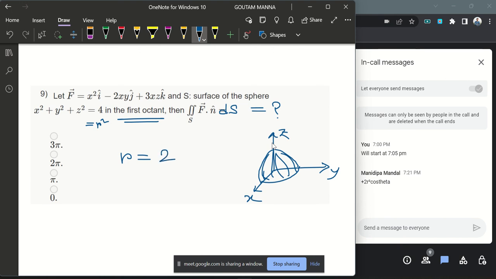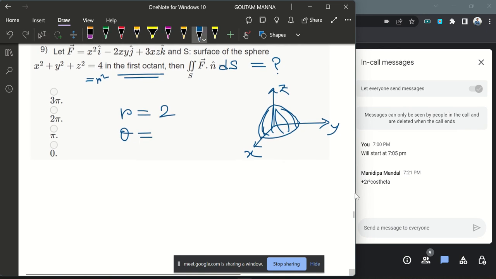So r is 2, and this is the xyz, this is a radius vector r.